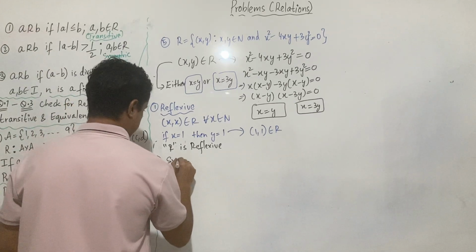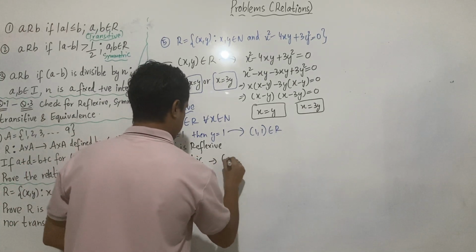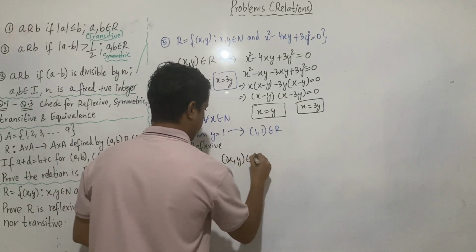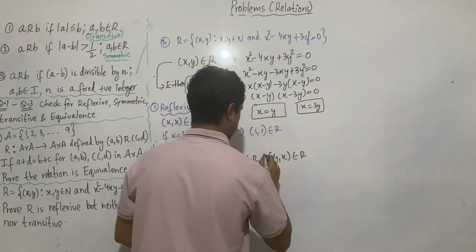Next is symmetric. Symmetric means that if (x, y) is in the relation, then (y, x) must also be in the relation.